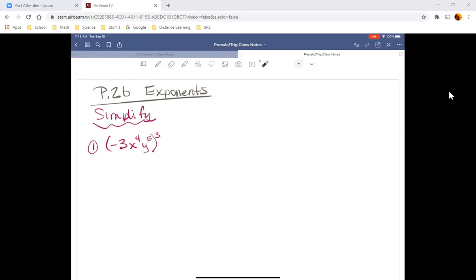So on this one, anybody know which little rule we need to use? Starts with the P, 5 letters, P-O-W-E-R, the power rule. So this little 3, that exponent of 3, guess what we got to do with that 3?